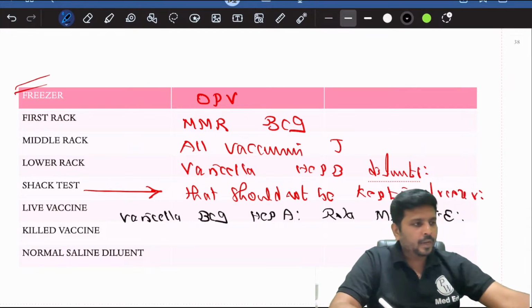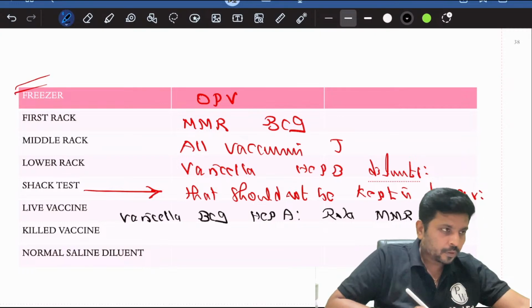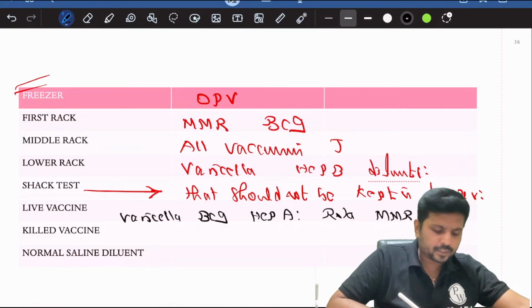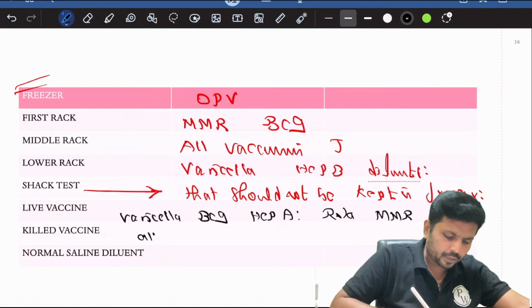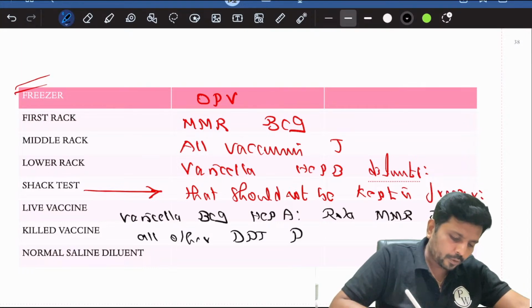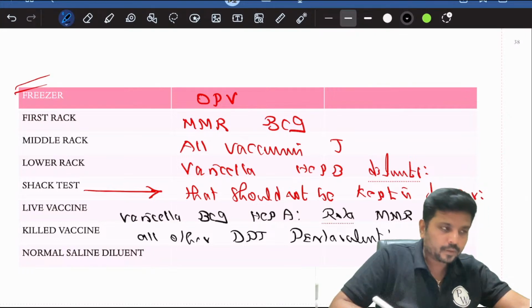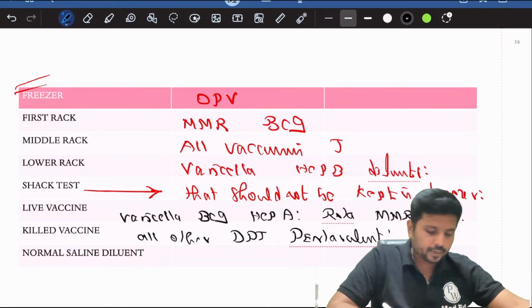What are the killed vaccines? All other vaccines are killed, particularly your DPT and pentavalent vaccines.